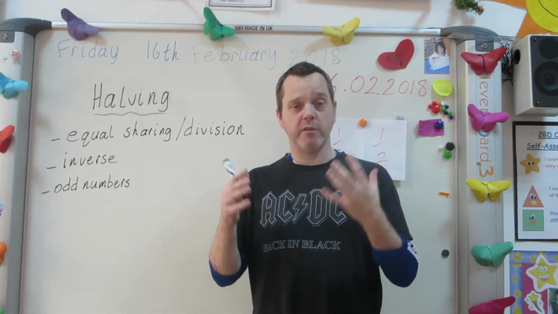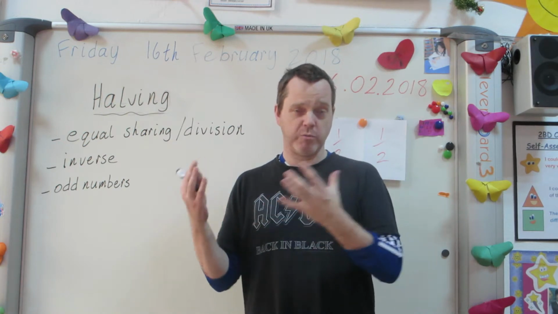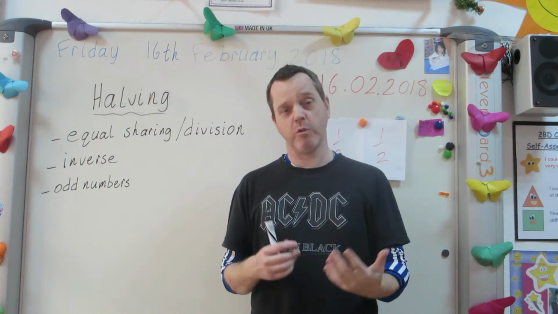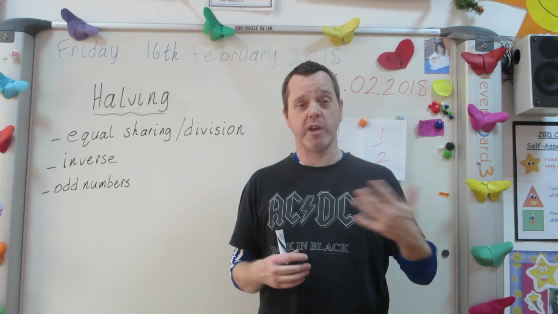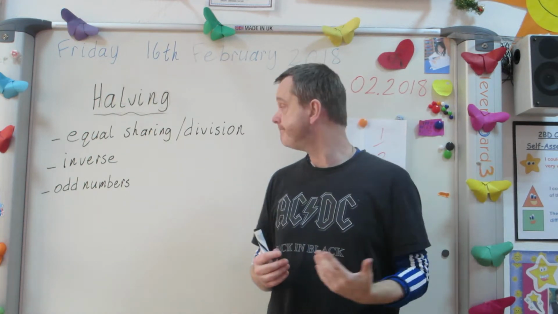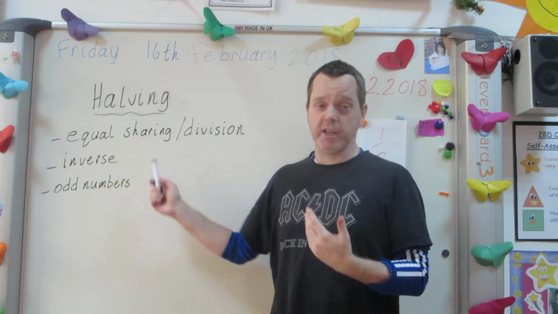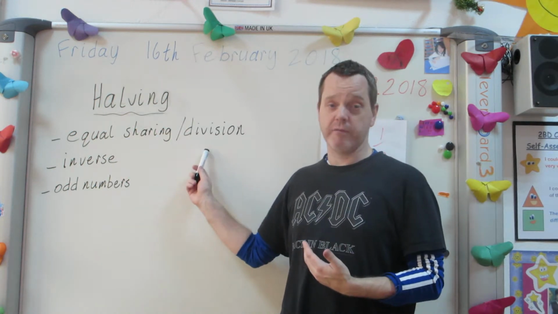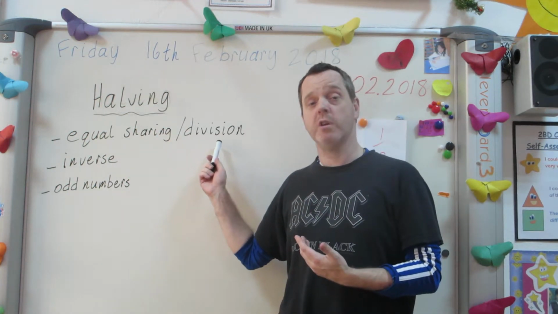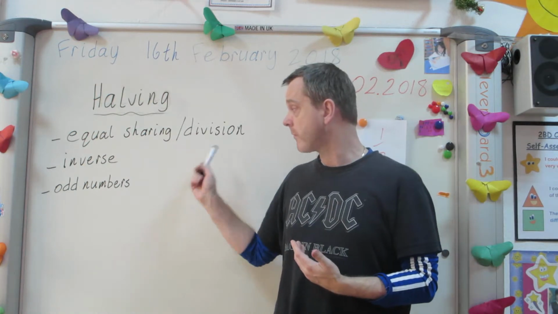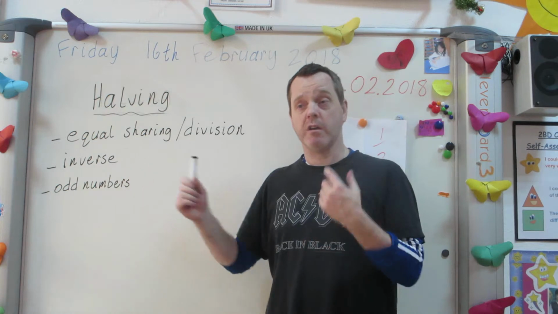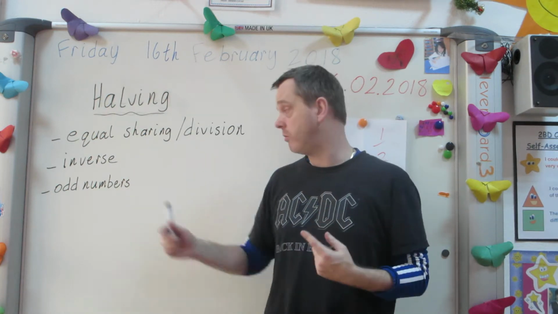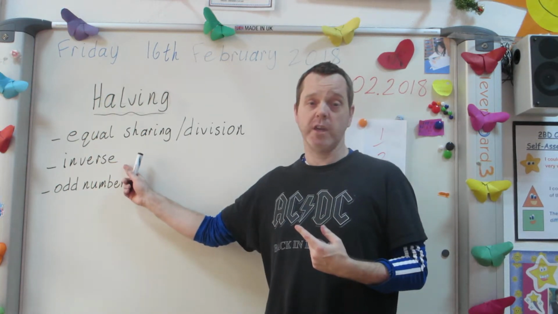It's quite often pictures of pizzas which are used to help with fraction work and to help with halving, and then later to help with division. And so there's obviously a link between halving and division. Division we come to in the next term. Halving and doubling as inverse, opposite operations is a very important thing.